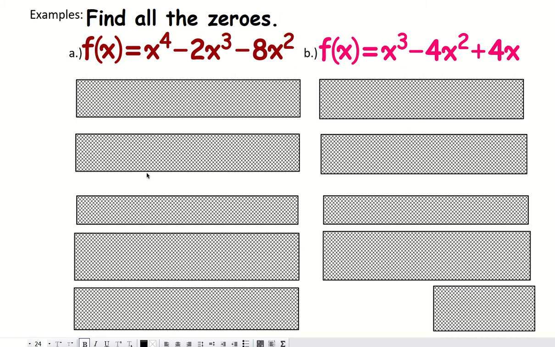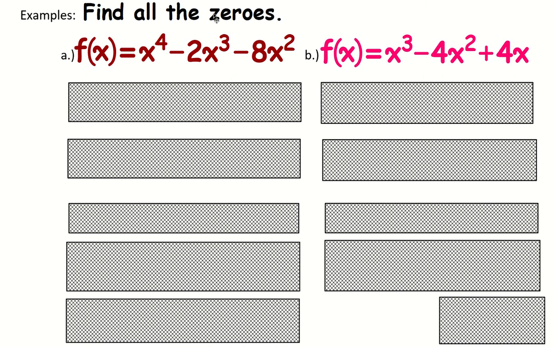I don't know if that's a technically perfect set of directions, but that's essentially what we're doing. We're taking these functions and we're going to find all of the zeros, including whether there's a multiplicity or not. If there's a multiplicity, if there's a repeat 0, we're just gonna state that. But anyway, how do we find all the zeros, people?